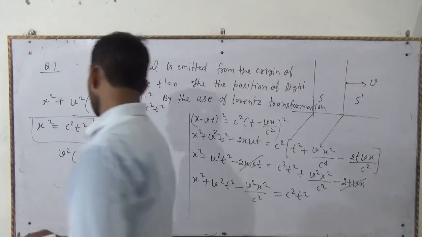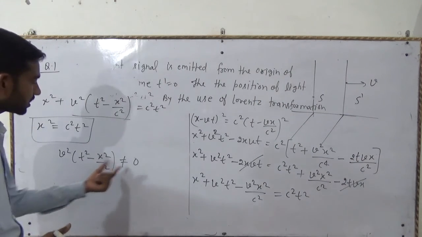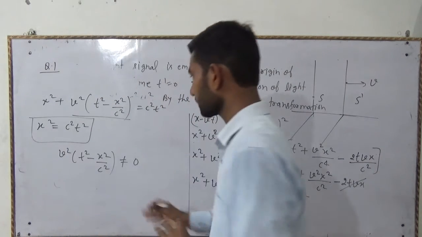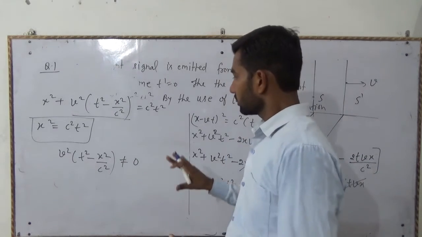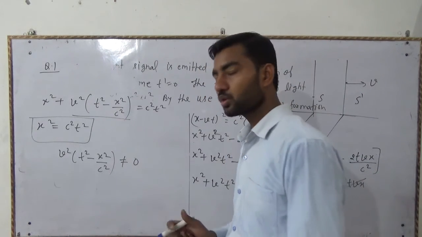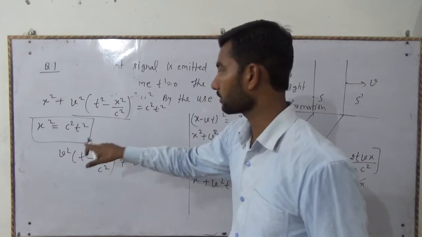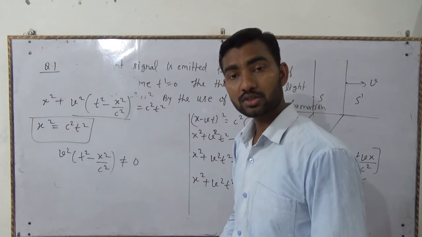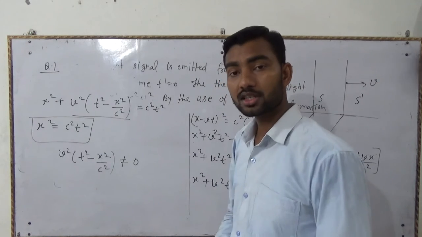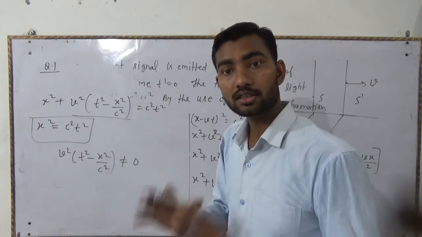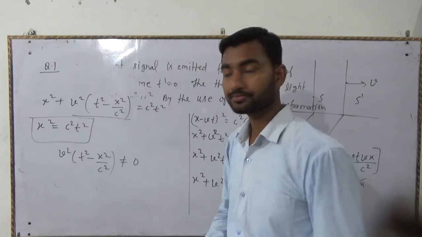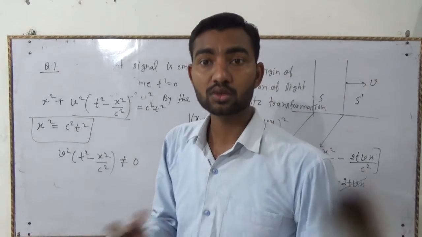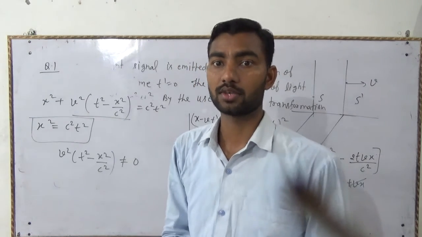Because if we imagine it to be 0, then after solving it we get v is equal to c. And in the previous result also we found that any object cannot attain a velocity equal to or greater than the velocity of light.